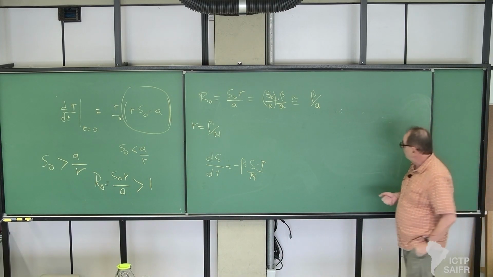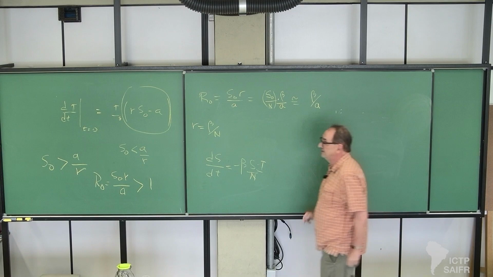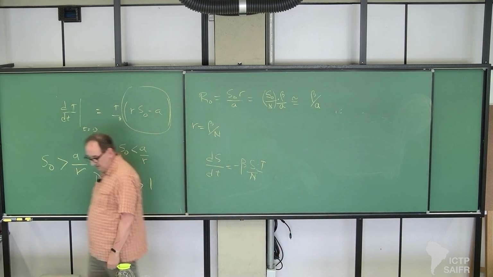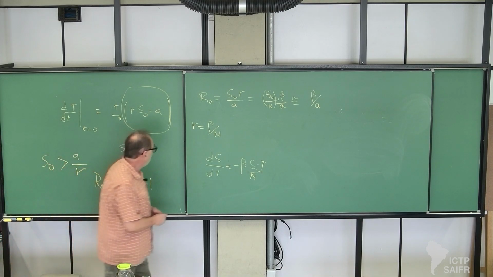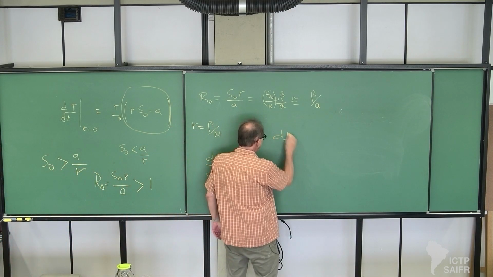Now, there's this A. We want A to be big. But A appeared in this equation.